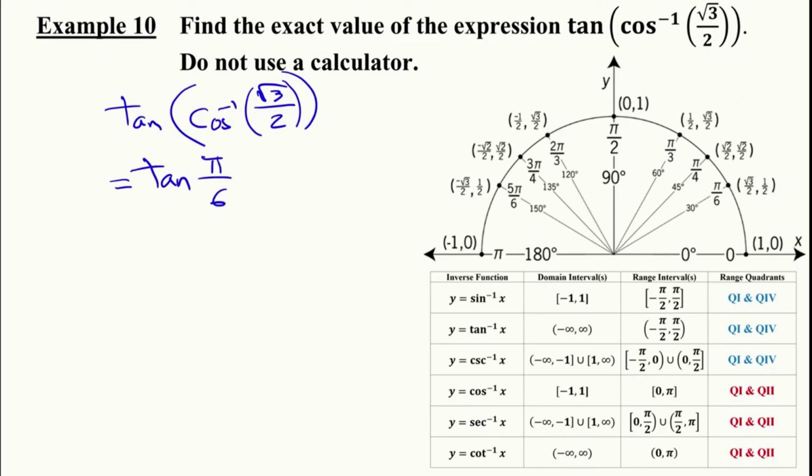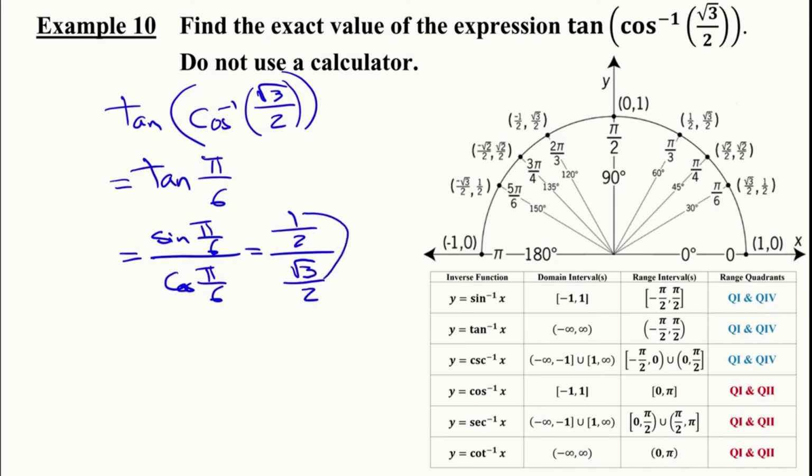So now we're basically done with any inverse trig function. We're just going to find the tangent of pi over 6, which, as we know, it's easy because it's the sine of pi over 6 over the cosine of pi over 6. So sine of pi over 6, of course, is 1/2, and cosine is square root of 3 over 2. So this is just going to be 1/2 over square root of 3 over 2. One fraction over another.